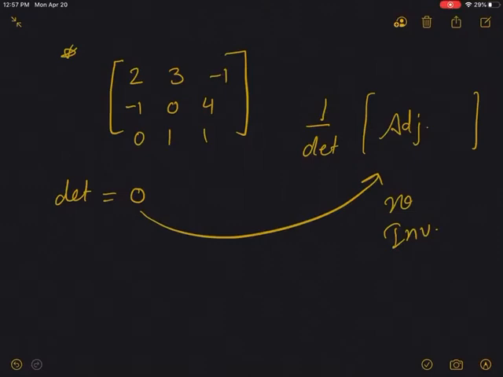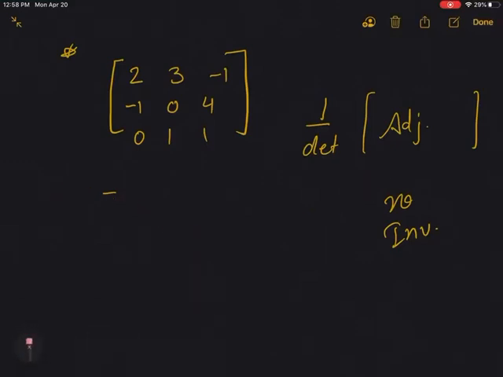If you did the whole process and at the end the determinant is 0, there's no point in spending 20 minutes doing that. So it's easier to find the determinant first, and if it becomes 0 right away, just say no inverse. If it's different than 0, then it's worth going on and finishing the whole problem. Since I already know the determinant is not 0 for this problem, I'm going to start off with the minor matrix.